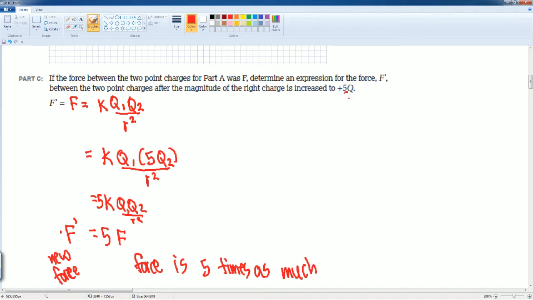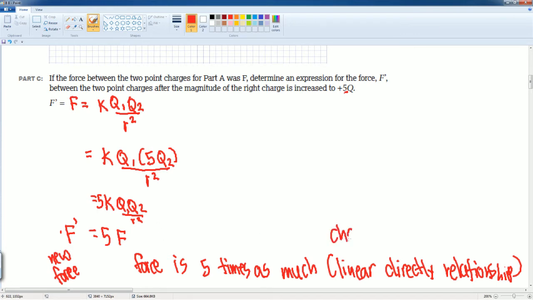Please understand that this is a direct linear relationship. The charge has a direct linear relationship with the force.